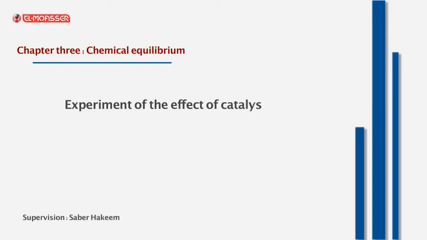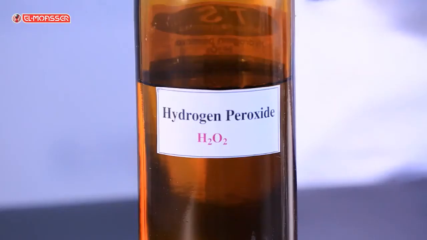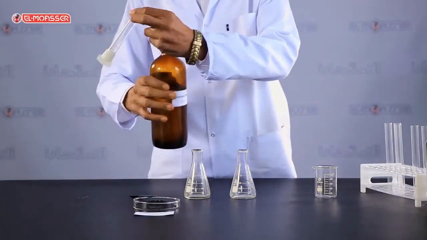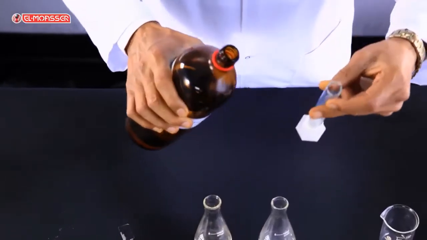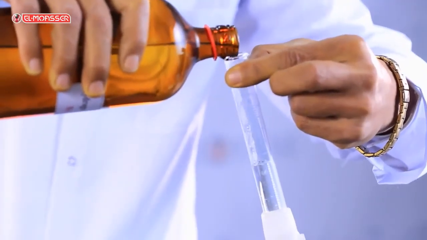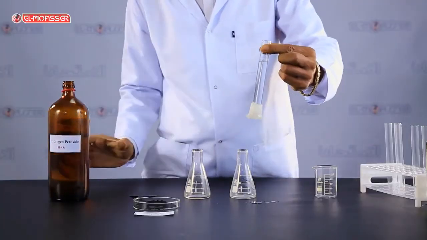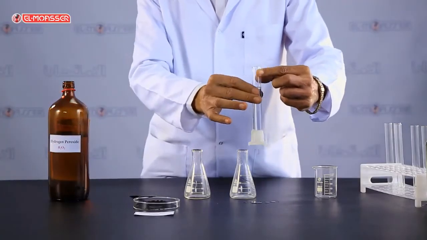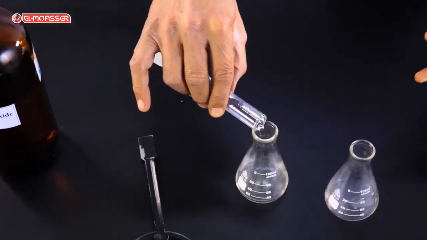Experiment on the effect of catalysts on the rate of chemical reactions. To increase the rate of decomposition of hydrogen peroxide, carry out the following experiment. Measure 25 milliliters of hydrogen peroxide using a graduated cylinder. Place the compound into a clean conical flask.